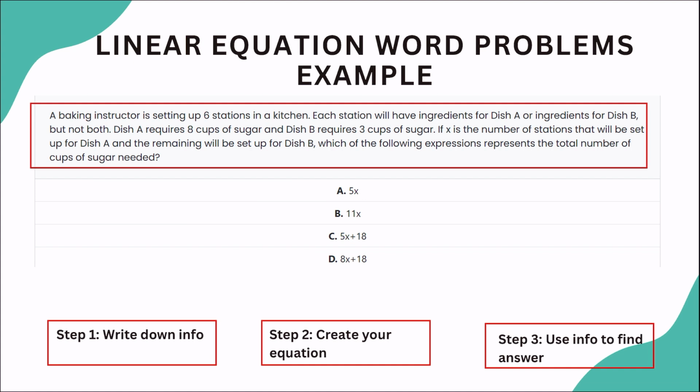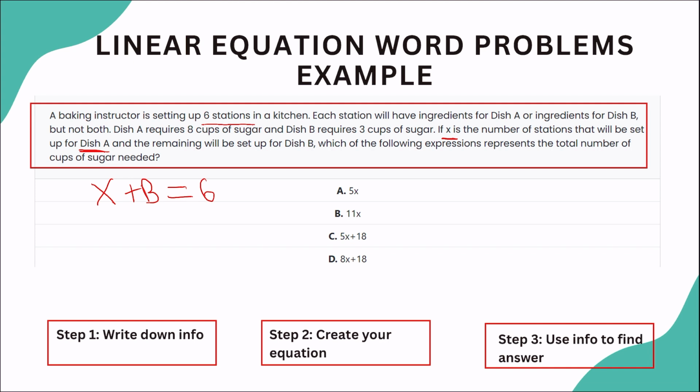Okay, so now let's create our equation. I'm going to start with this piece of information telling us there's 6 stations total. We also know that this x represents the number of stations that are set up for dish A. So x, the number of stations for A, plus b, the number of stations for B, equals this 6 total.